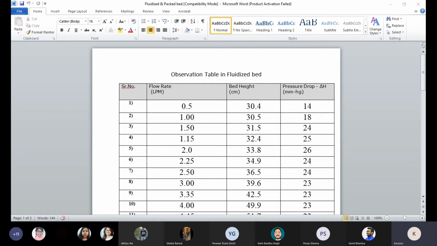Okay, I'll take a little break now for some clarifications, if you have any. I will upload this experimental observation table, and at the same time the video that I had of the packed bed.